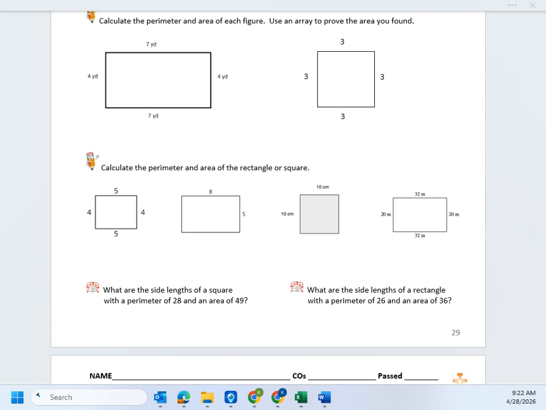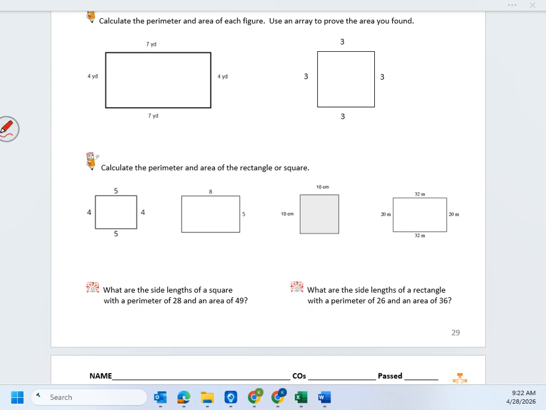Now, arrays might be something that we see in Khan Academy or in the math test that we're taking tomorrow. So we need to know what an array is, so we're aware of it. We've been working with area and perimeter, so we haven't been using it that much. You might have learned it in previous years. I'm just going to go through what it means.